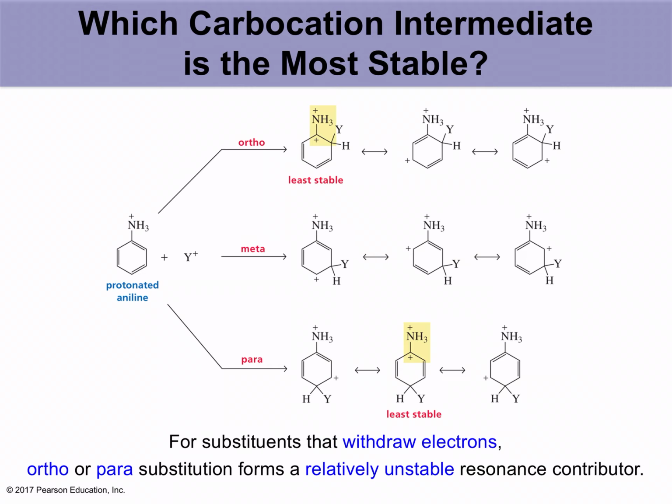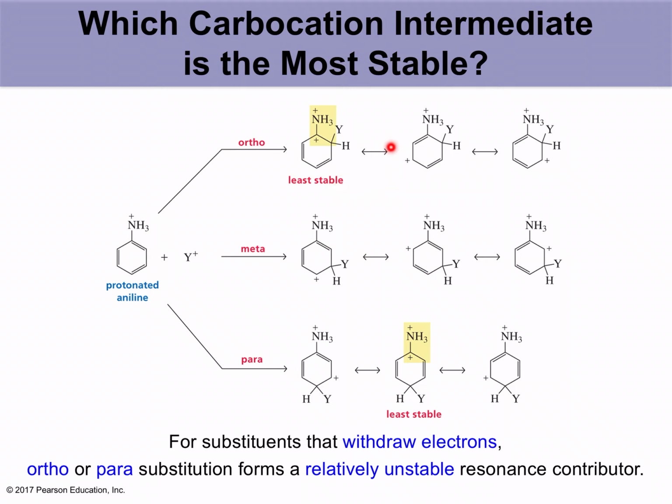If you have a protonated aniline and you try to put an electrophile on the aniline, if it goes to the ortho position, you're going to create a positive charge right next to where you already have a positive charge. So what's going to happen? When you have 2 similar charges next to each other, they are going to be unstable. So this is the least stable resonance structure.